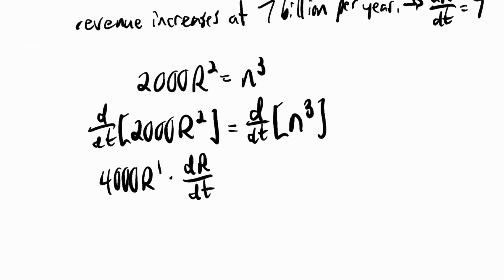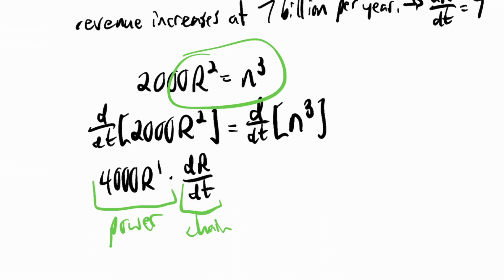Let me change colors real quick. Power rule, chain rule. Okay. And you're always going to be considering the chain rule. You might not always be doing the power rule. Just in this case, we are, because we have r squared and n cubed. But for this kind of problem, you're always going to be using the chain rule.